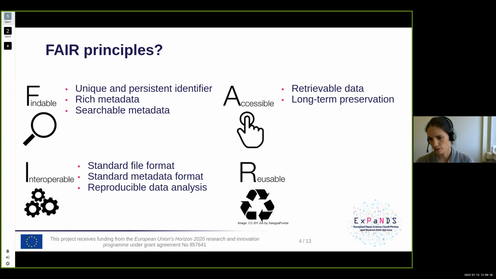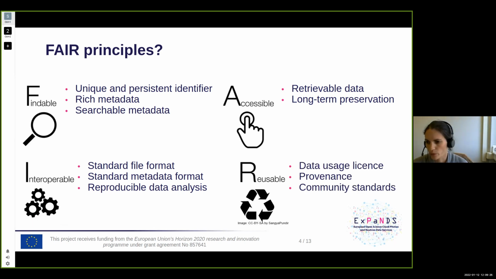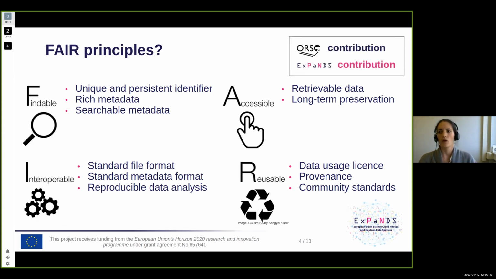And finally, the aim, as I said, is that we want the data to be reusable. What is missing for it to be reusable is a license, a provenance, and the use of community standards, because if you don't understand the data, you might find it, access it and be able to interoperate with it, but not reuse it.